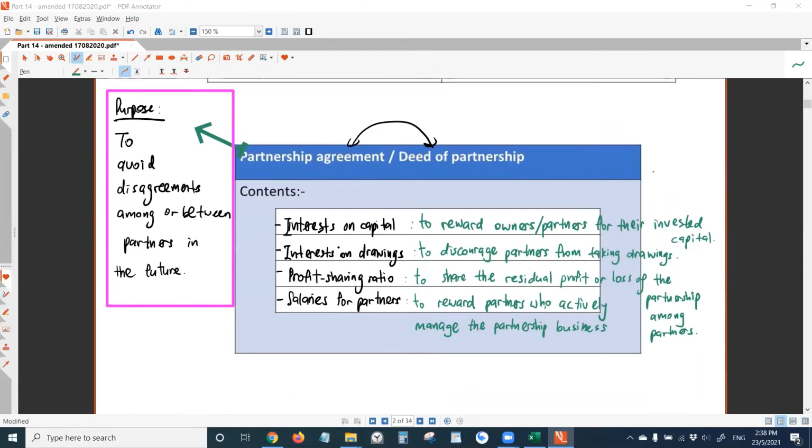So why do we have these salaries for partners in this partnership agreement? It is because not all the partners would actively manage the business. Some partners have money, but they don't have time to manage. They have too many businesses, they have money, they have ideas, but no time to manage.